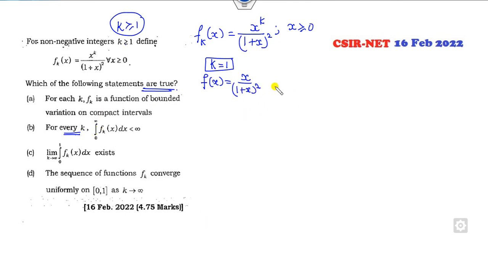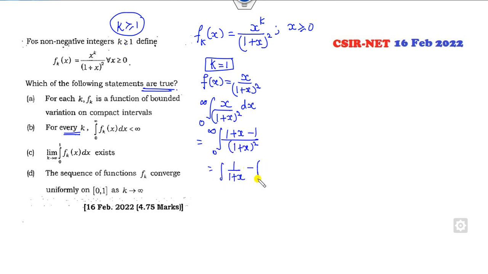Then we will first check this integration. What is the integration of this part? How can you do it? I can simply add plus 1 and minus 1, so it will be 1 over 1 plus x and 1 over 1 plus x squared, over the limit 0 to infinity.